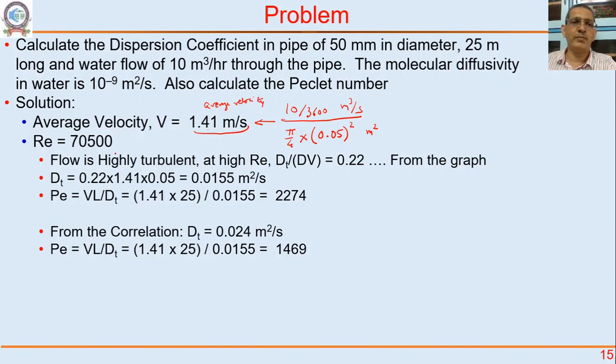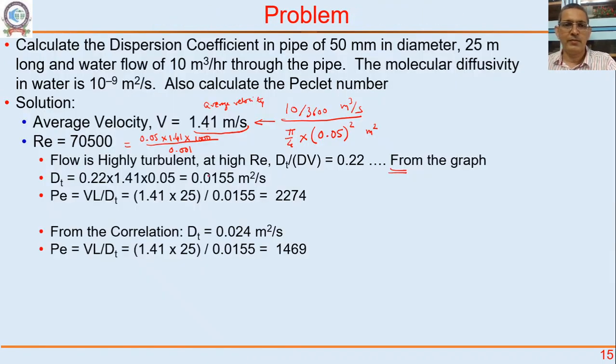So what is the Reynolds number? It is d 0.05, velocity 1.41 into rho 1000 divided by mu 0.001, 70,500 if you like. If flow is highly turbulent, then at this high Re we can use the graph. Look at this graph.